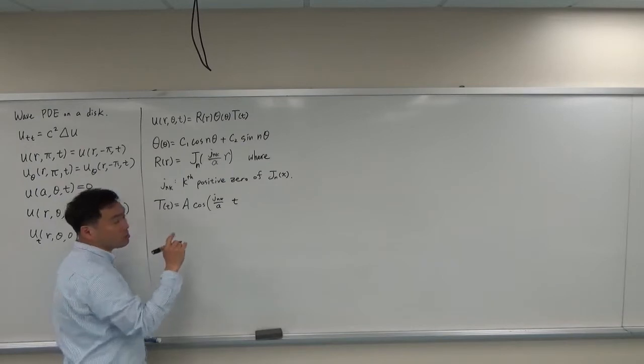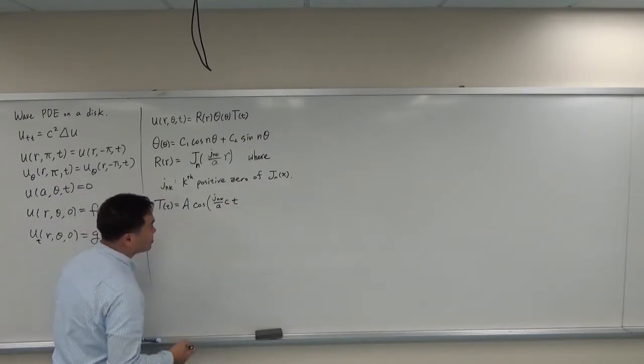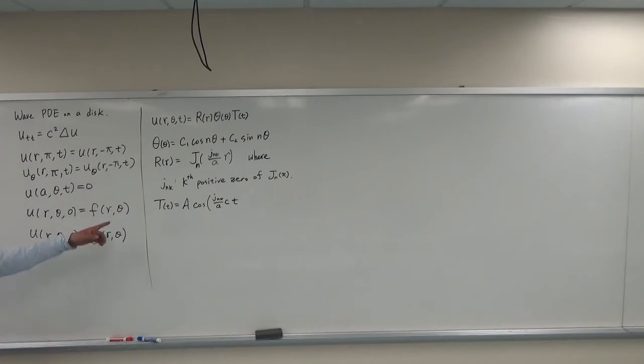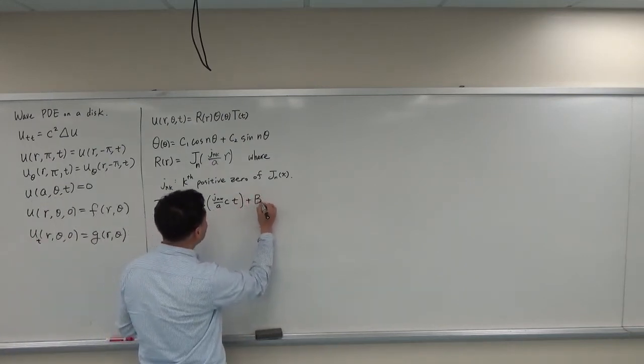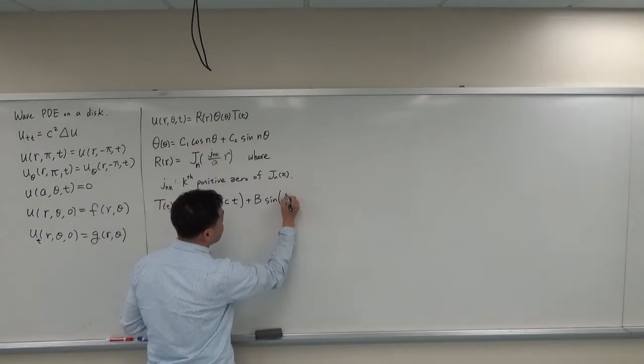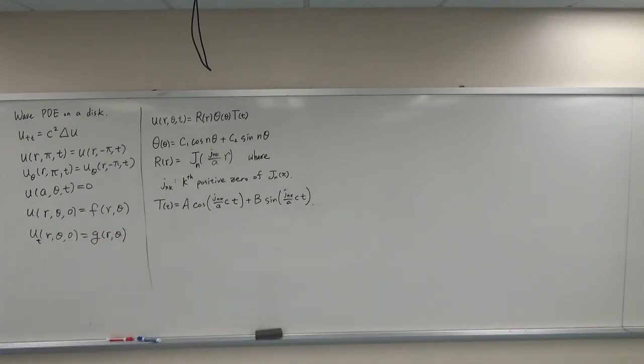So if you still have last week's notes, please put a c there. When I was solving for T, I forgot this c squared somewhere. So there should have been a c there. Plus B sine of J_nk over a times ct. Okay, so that's what I got.